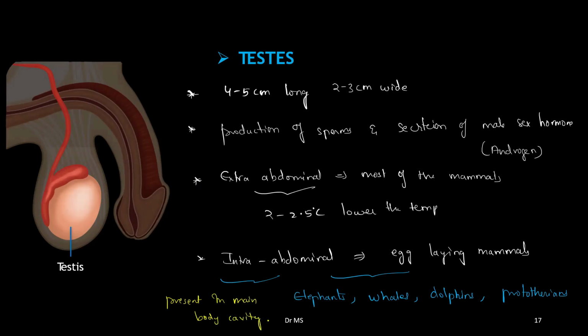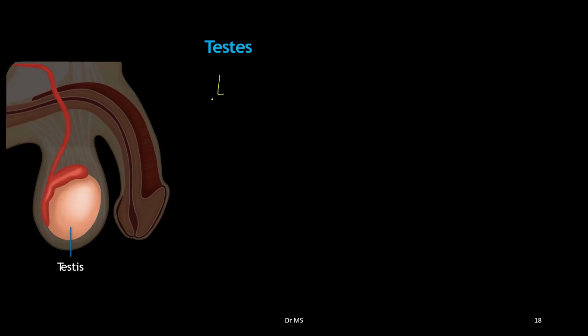Clear? Yes, sir. And remember, the testes of a male baby are formed during the 7th to 8th week, that means within the period of 2 months.